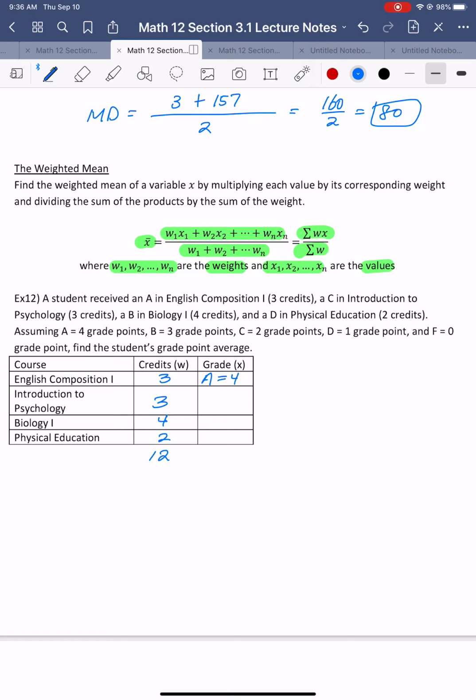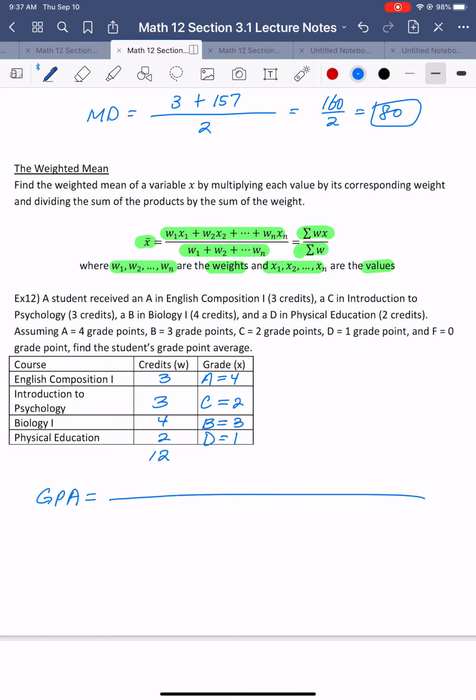Psychology is C, which gave him 2. Biology is a B, which gave him, oh no, 3. What am I saying? And then PE got a D, which gave him 1. Okay. All right. So we need to find the GPA.